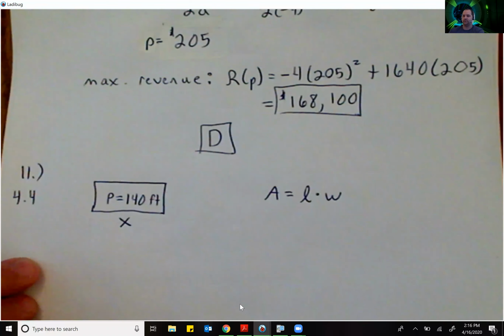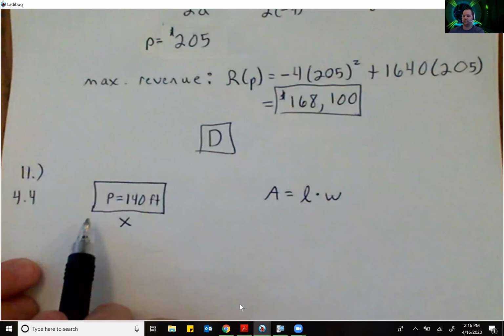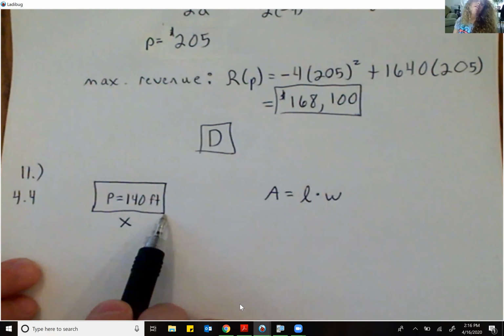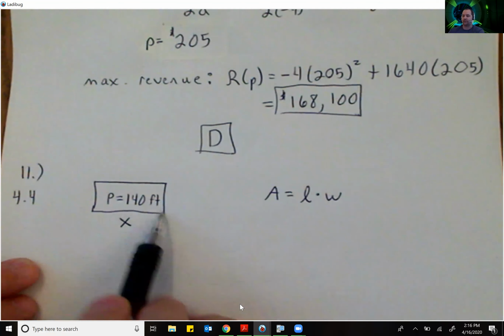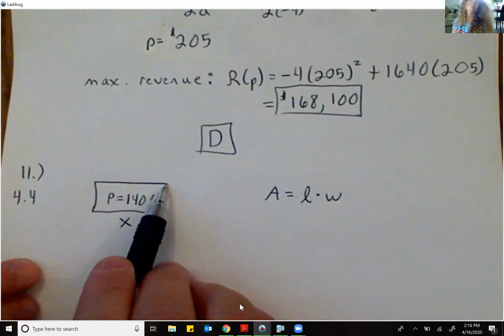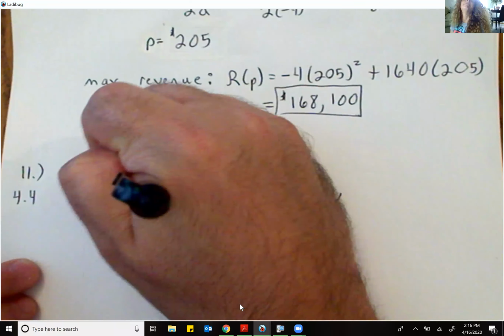It's a rectangle. So this side is X. The side across from it also has to be X.